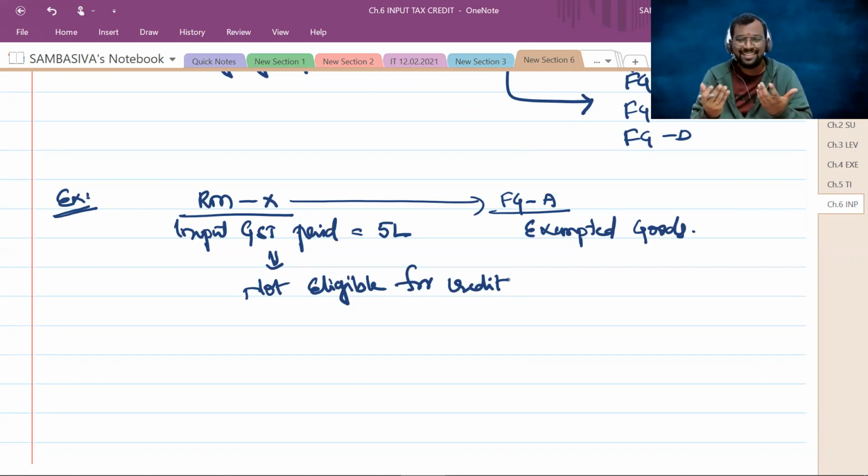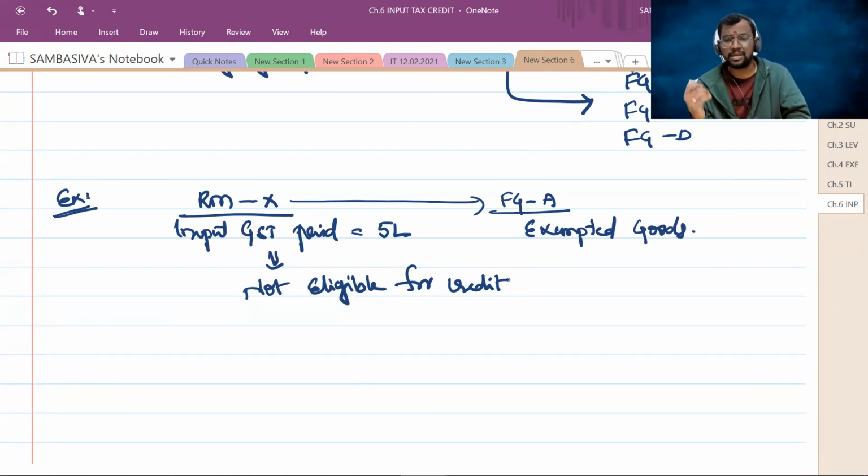How? Your output goods are exempted, right? There is no concept of cascading effect of taxes. Cascading effect of taxes comes into the picture only when your input goods and output goods both are taxable. When your output goods are not taxable, there is no concept of cascading effect of taxes, even if you add input tax to your cost of the goods.